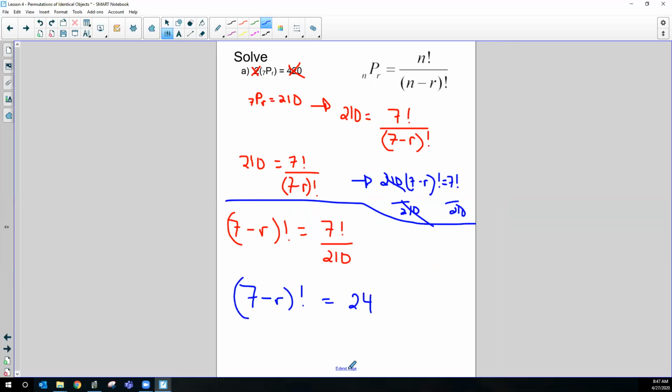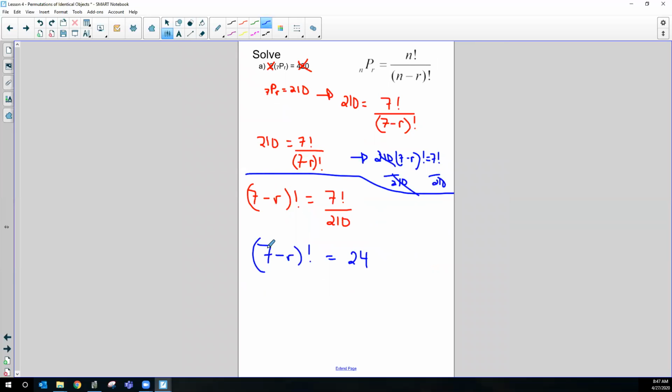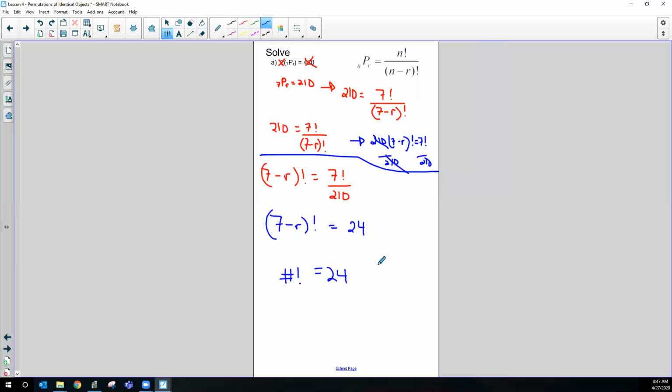So the easiest way of doing this is saying, okay, what number factorial equals 24? You can try 3 factorial, which is equal to 6, and 4 factorial is equal to 24. Great.